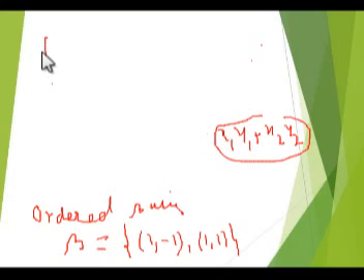We have to first calculate, if we are denoting this as alpha 1 and this as alpha 2, so there are two elements, the basis elements, as I have said.